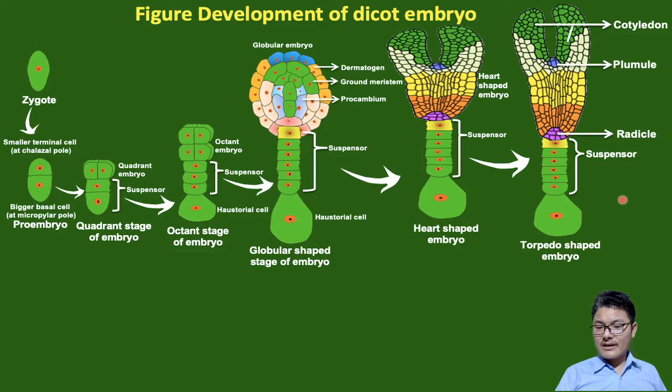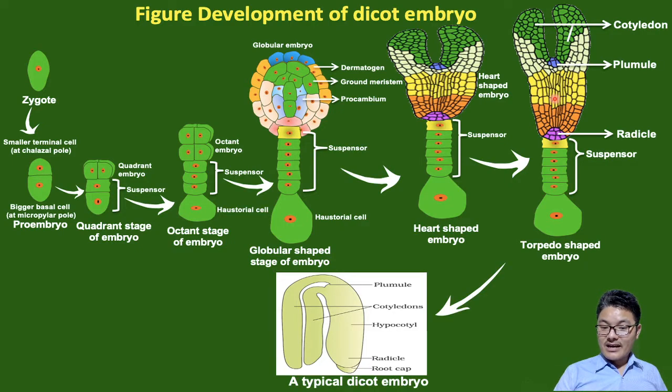We have two cotyledons in the dicot embryo, and the plumule will develop into the shoot system, and the radicle will form the root system. Right now, we are able to observe the embryonal axis, at the center of the two cotyledons, wherein we are also able to observe the epicotyl and hypocotyl of the mature embryo.